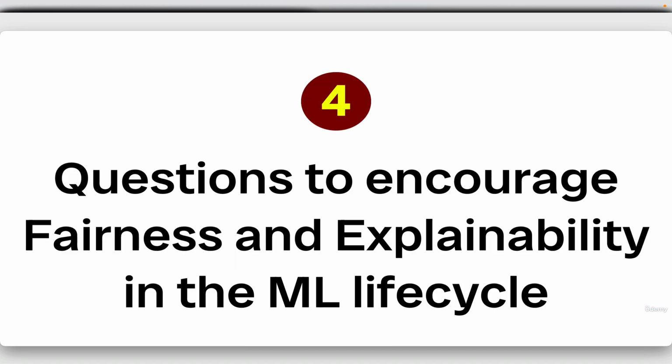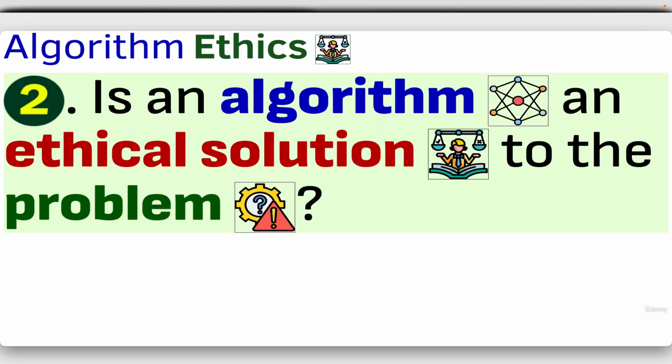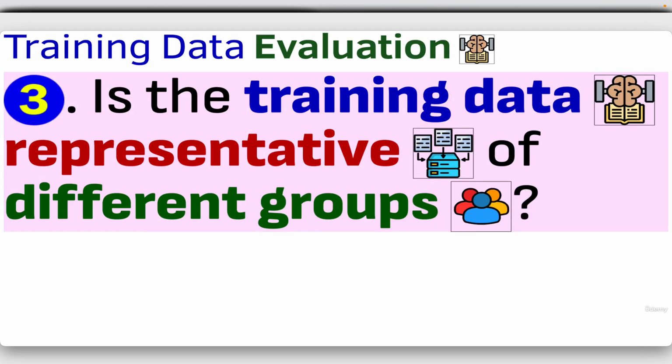Next topic is the questions that we must ask to encourage fairness and explainability in the ML lifecycle. So the first question is, does the model encourage feedback loops that can produce increasingly unfair outcomes? Is an algorithm an ethical solution to the problem? Is the training data representative of different groups?